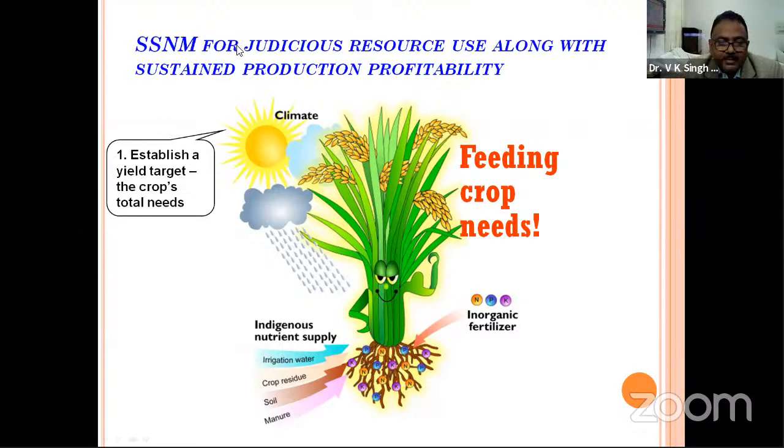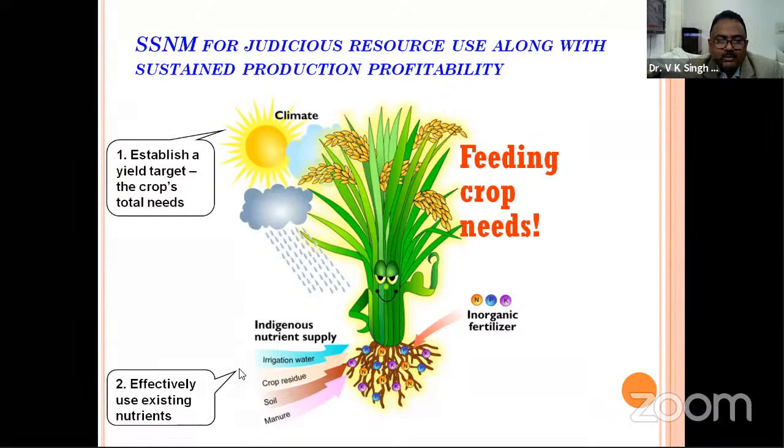And then, the other is you see what is the existing nutrient supply capacity. Existing nutrient supply means how much FYM they are putting, what is the contribution from soil, from manure, from irrigation water. So you will not be able to assess. Of course, as a scientist, you can analyze it, but we have developed some things by which you can assess the existing nutrient supplying capacity.